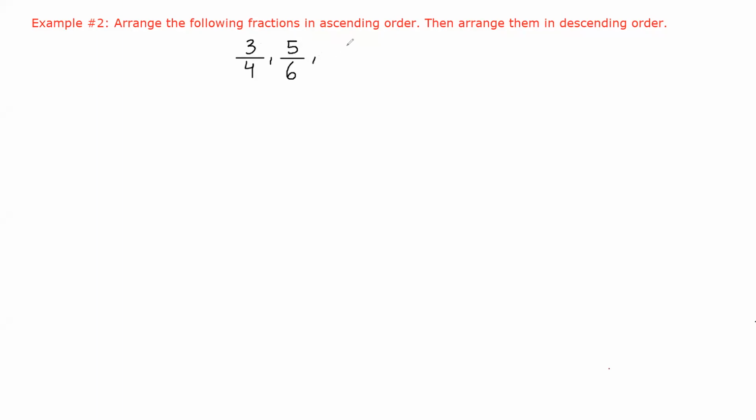Let's say we have 7 over 12. Let's say we have 2 over 3. So in order to arrange these fractions in ascending and descending order, what is the first thing that we need to do? Find the LCM. Very good. We need to find the LCM of these 4 numbers.